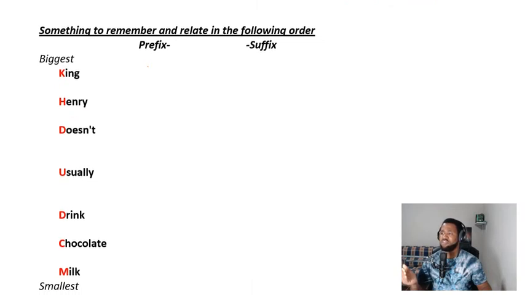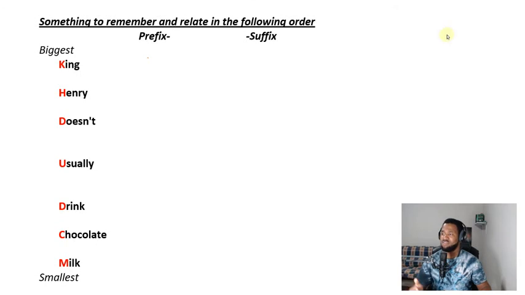But there are some things you need to keep in mind. We have, from biggest, King Henry doesn't usually drink chocolate milk, and this goes from biggest to smallest. And this is a last resort if you can remember the specific order of our prefixes. That is what we're going to be dealing with.